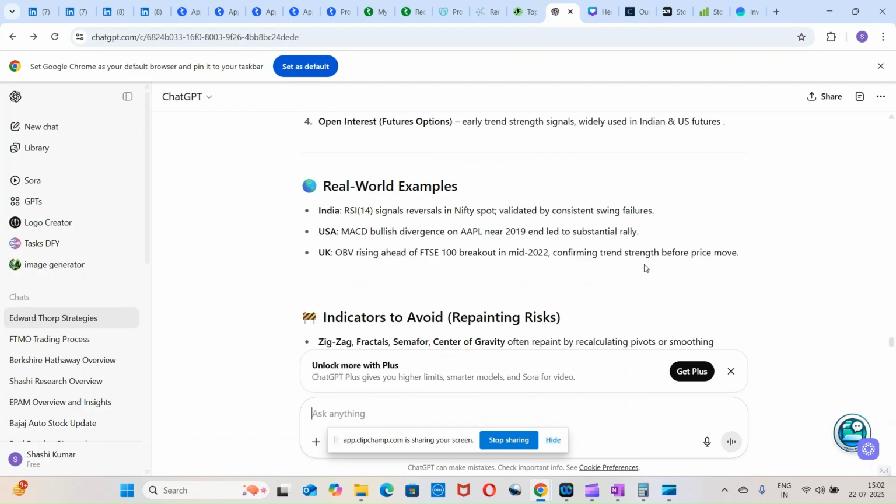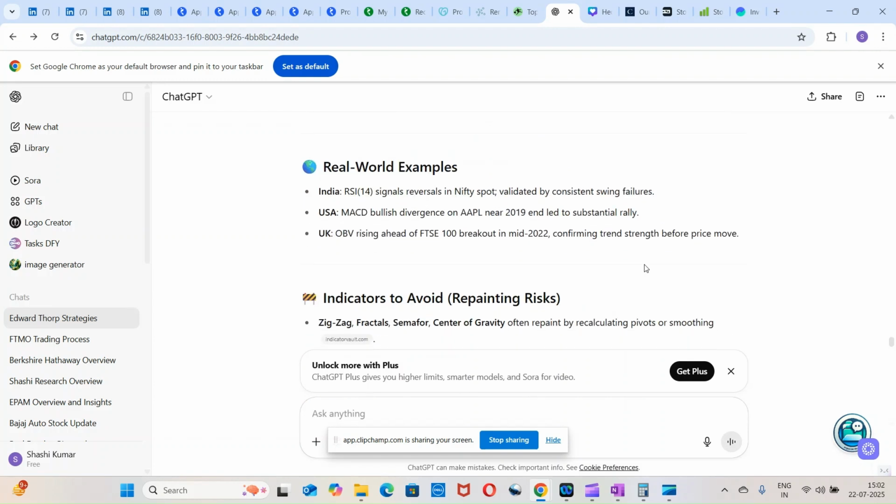Real world examples, coming to India: RSI 14 signals reversals in Nifty spot, validated by consistent swing failures. In the USA, MACD bullish divergence on Apple stock in early 2019 led to a substantial rally.